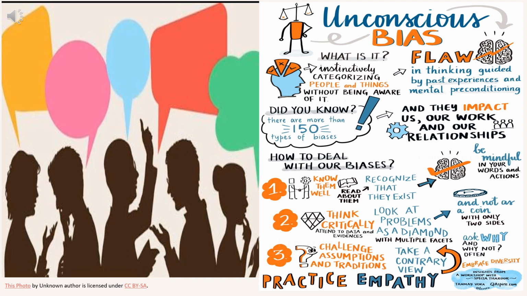Ask why and why not. Often embrace diversity. Practice empathy so that you will not be that biased, or an advocate of biases, as you go on communicating and dealing with people. So it's a good infographic about what being biased is, or what the word bias means. Okay, let's proceed to the discussion proper of what prejudices and biases are.